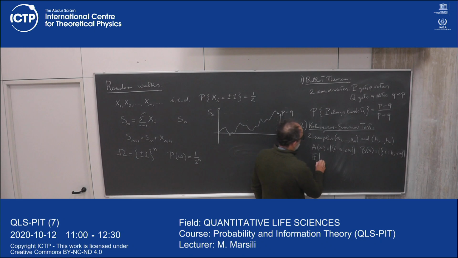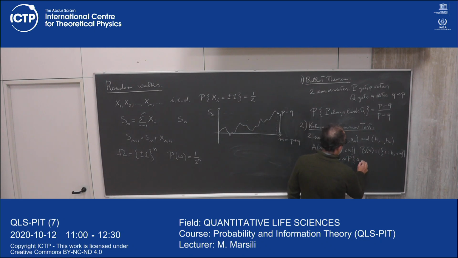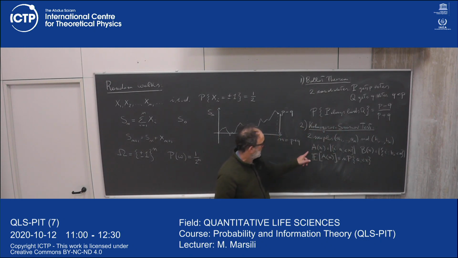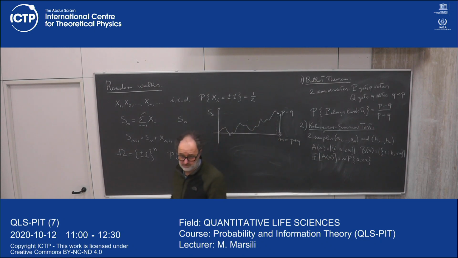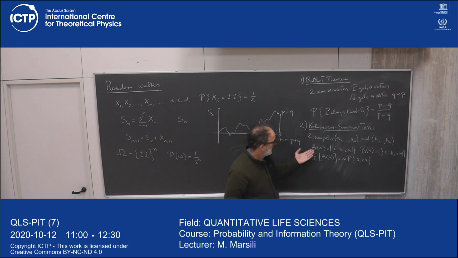And you can easily convince yourself that the expected value of A of x is equal to n times the probability that A_i is less than x. Indeed, this A of x is n times the empirical distribution that you can estimate from the sample. And this tells you that the expected value of the empirical distribution is equal to the true distribution.